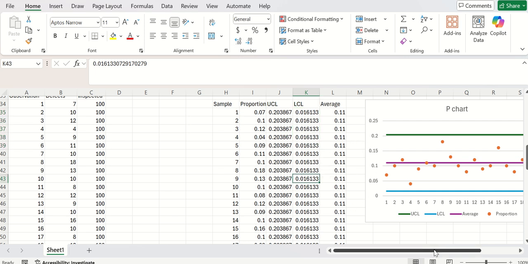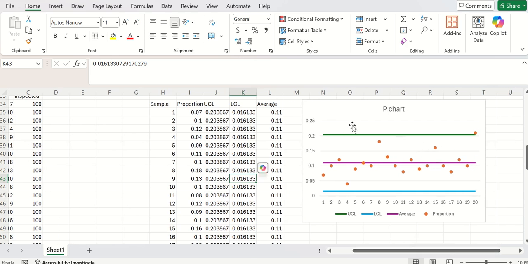So once we put these together, this P chart now starts to tell us what proportion of the ones that we're sampling are out of bounds. Over 20 days that we have sampled, we have one day where things don't look right. One day something's going on, and we may need to go and investigate this and see what's going on.